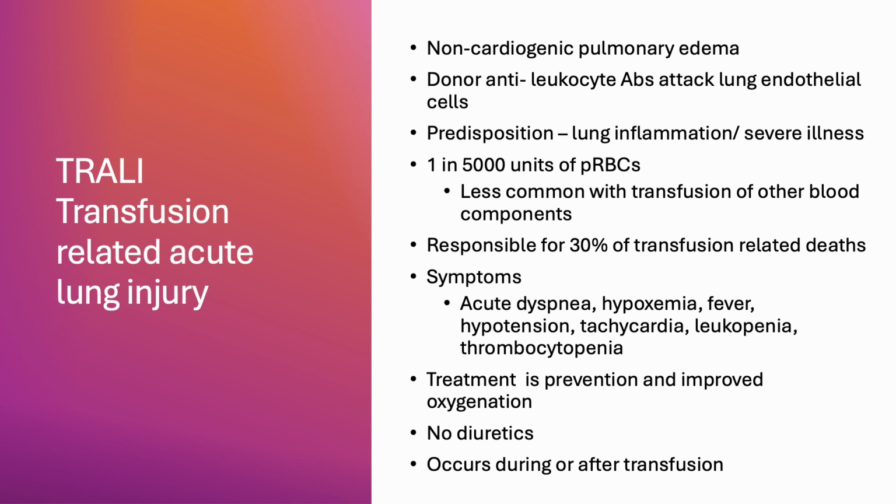This happens in 1 in 5,000 units of packed red blood cells that are transfused. And it is less common with transfusion of other blood products. It is, however, responsible for 30% of transfusion-related deaths. The symptoms include acute dyspnea, hypoxemia, fever, hypotension, tachycardia, leukopenia, thrombocytopenia.